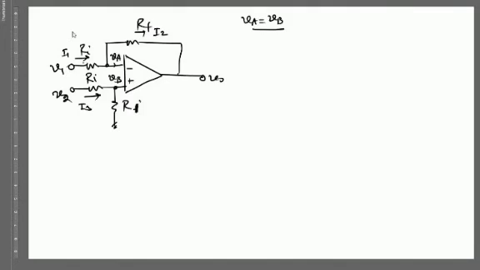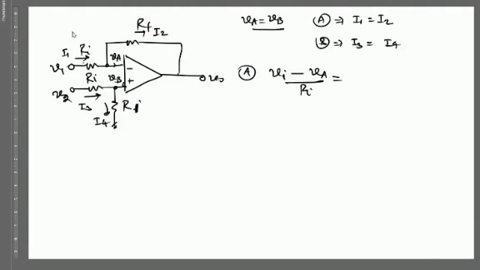This current is I3 and this current is I4. This current is 0. So at node A, I1 equals I2. At node B, I3 equals I4. At node A, V1 minus VA over Ri equals VA minus V0 over Rf. This is equation number 1.